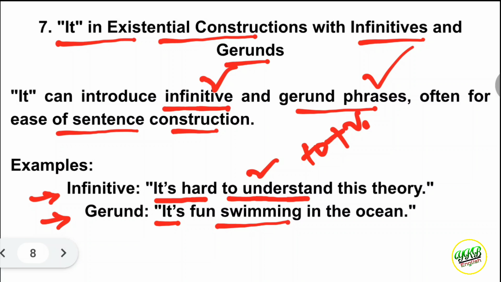Swimming is a gerund here. In both sentences "it" is used as a subjective pronoun, a dummy subject, but it also introduces infinitive or gerund phrases. "Swimming in the ocean" is a gerund phrase here, and "to understand" is an infinitive here. I hope you understand.